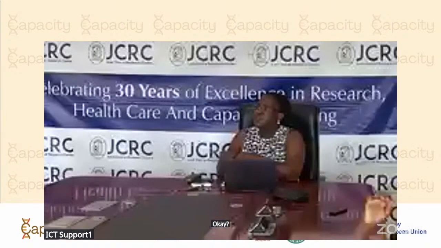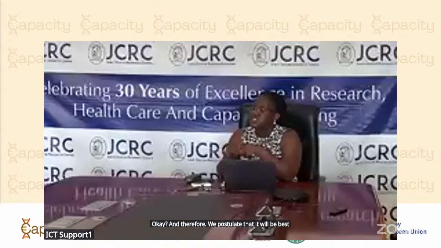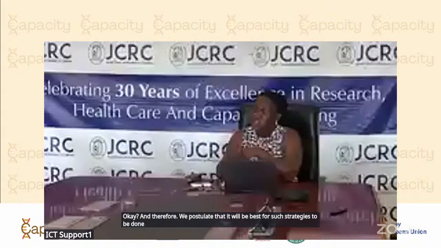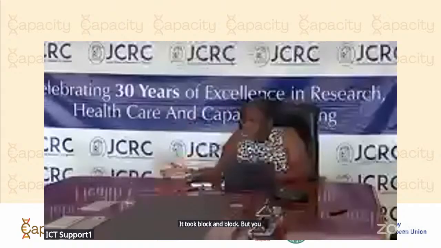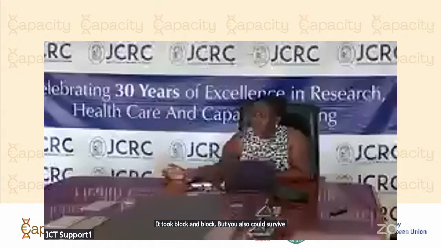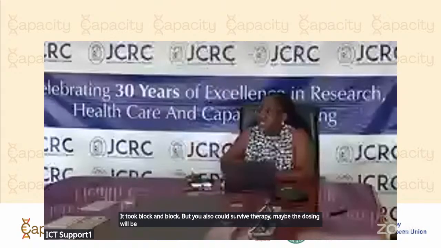And therefore, we postulate that it will be best for such strategies to be done in combination. You do block and lock, but you also put antiretroviral therapy. Maybe the dosing will be lower, but it is in place.